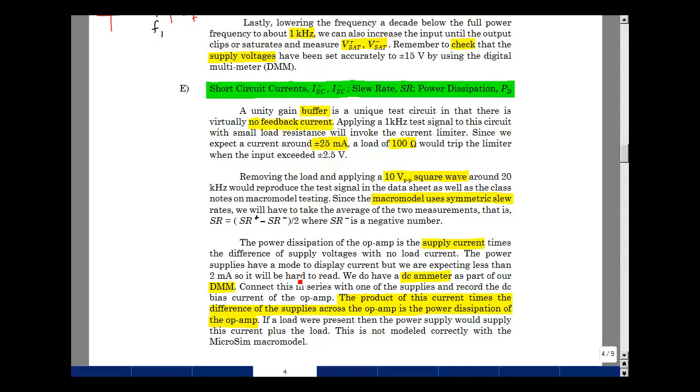I'd like you to connect this in series with one of the power supplies and record the current, which will also be what's returning through the other power supply. The product of this current times the difference of the power supplies across the op-amp is the power dissipation of the op-amp. If a load were present, then the power supply would supply the current to the load. As we've shown in class, this is not modeled in the MicroSim macro model.